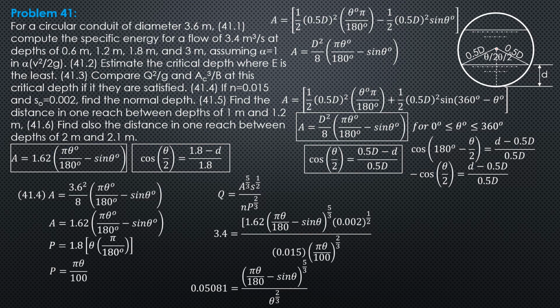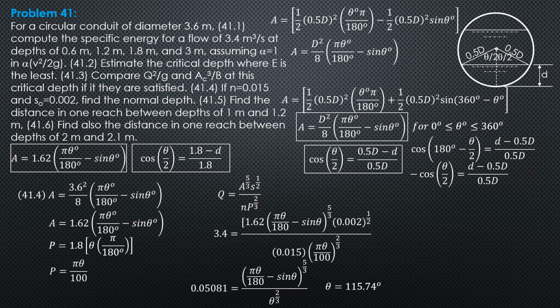So using your high-tech calculator, or for those without one, you will be forced to solve this by trial and error. So theta is, in degrees, 115.74 degrees. From there, we can now compute the normal depth.